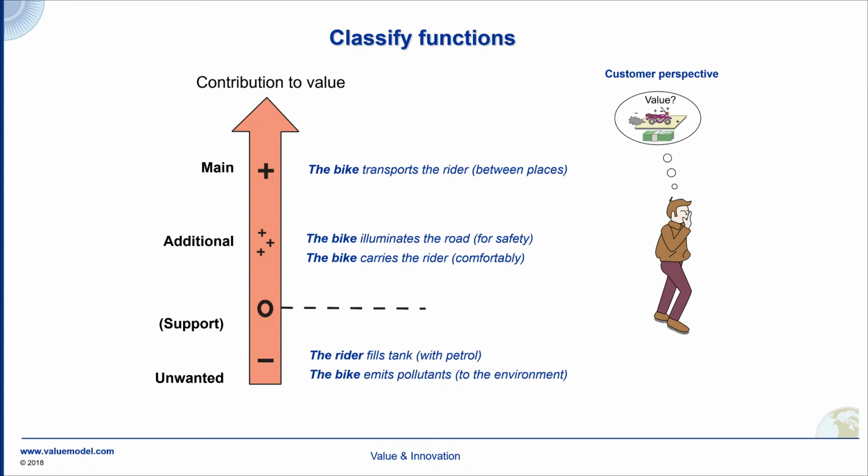And finally, the last group is support functions that don't affect customer value in any direction. Support functions are many, complicated, and costly. But the customer is not willing to pay for them as they, from a customer's perspective, don't bring any value to the table.